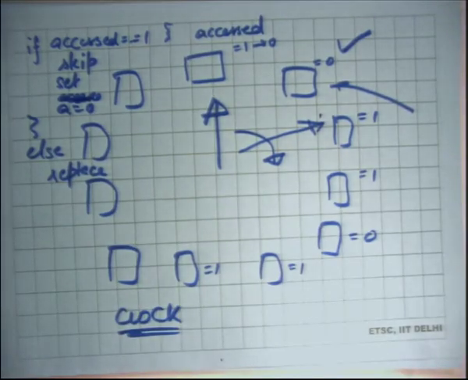So each time you need to replace a page, you just move the clock hand and figure out which page to replace. All right. And when we replace, we set A equals to 1.